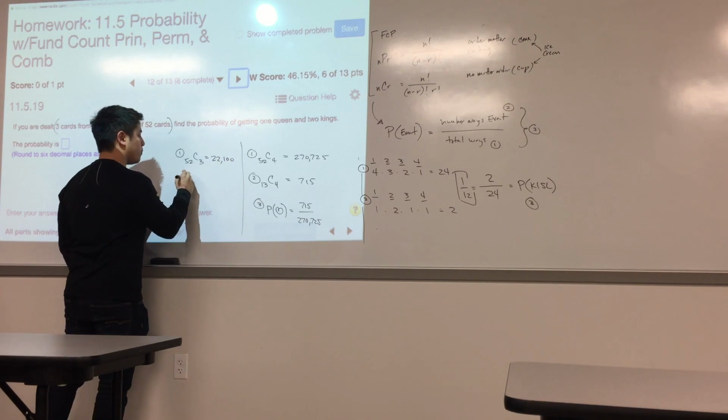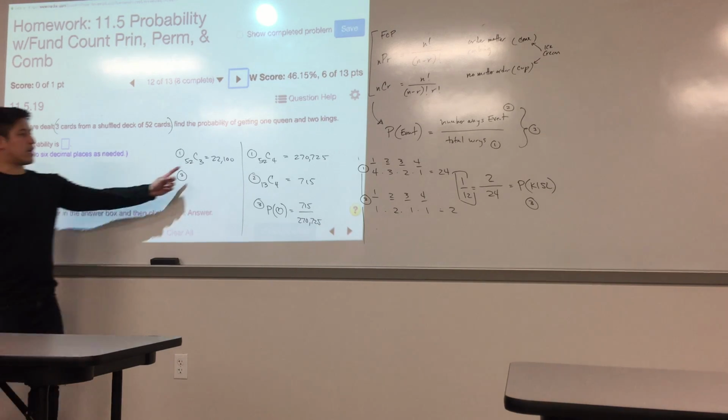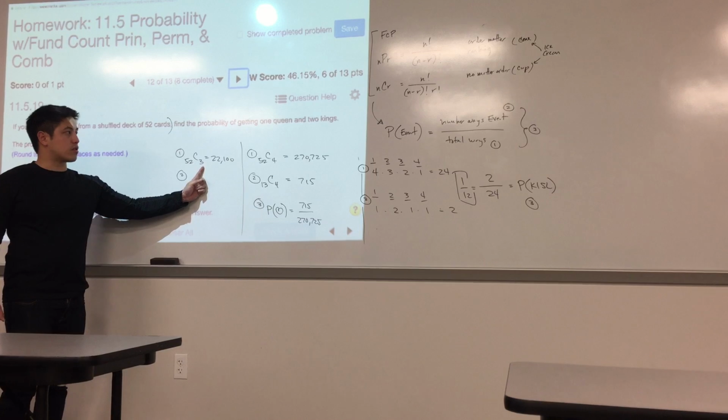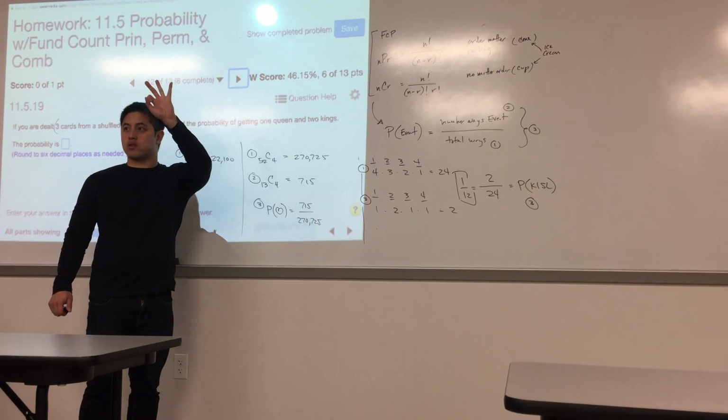Okay, wonderful. Find the probability of getting 1 queen and 2 kings. Remember, you're taking groups of 3, so that makes sense. 1 queen and 2 kings makes 3 cards, right?